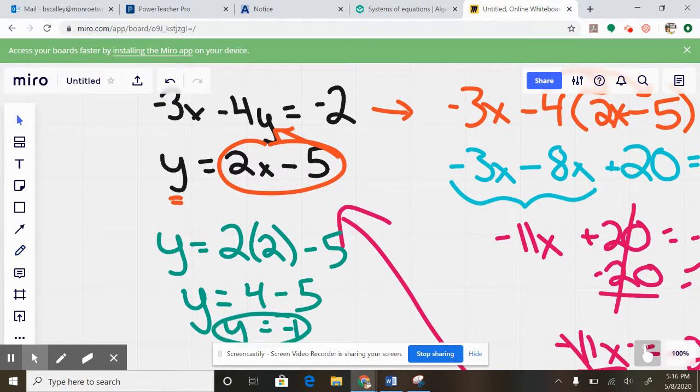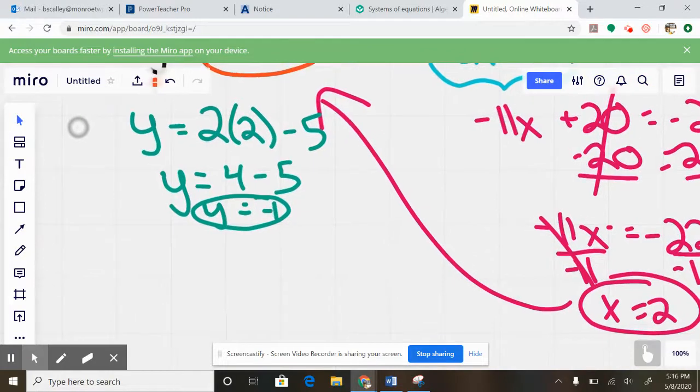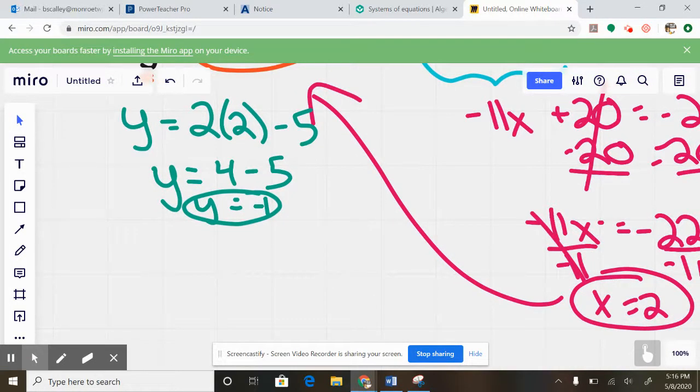So I know x is a positive 2 and y is a negative 1. A lot of times I'll give that answer like it would be an ordered pair. So if I were to graph these things, they would intersect at 2, negative 1. So that's the answer using substitution.